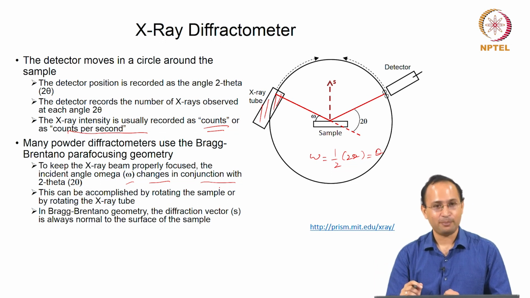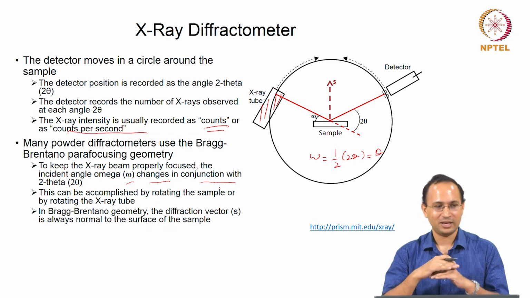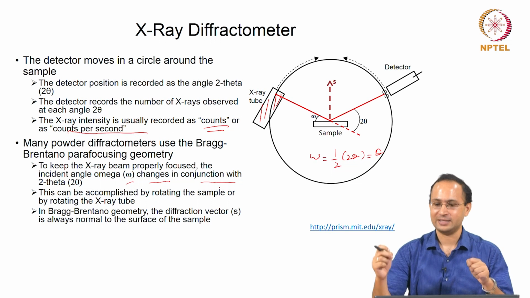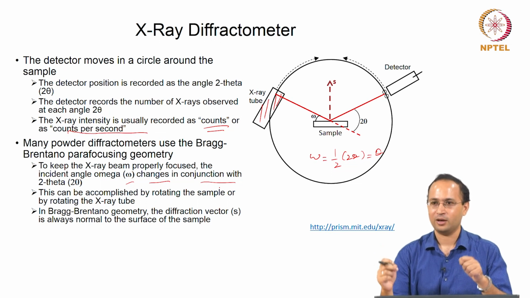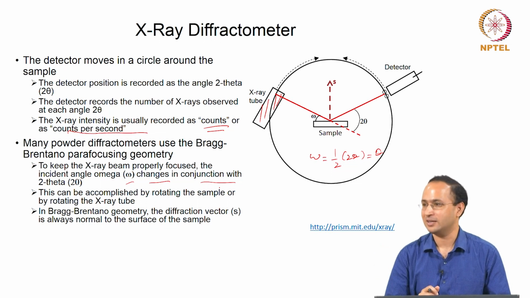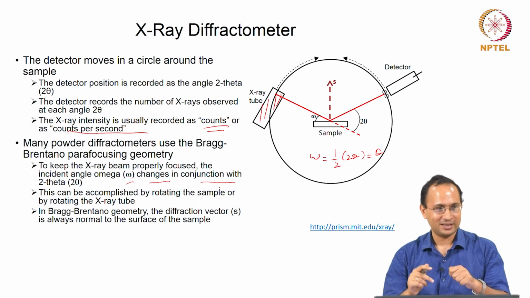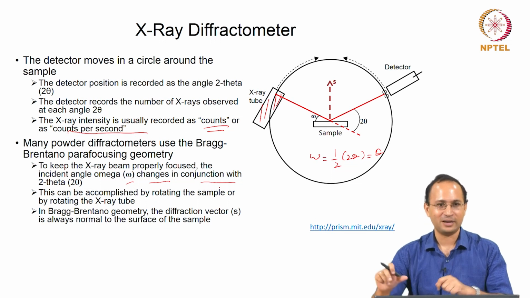This can be accomplished either by rotating the sample or by rotating the X-ray tube. You can keep your sample stationary and let the X-ray tube and detector move around the circle, or you can keep your X-ray tube fixed and let the sample and detector move.